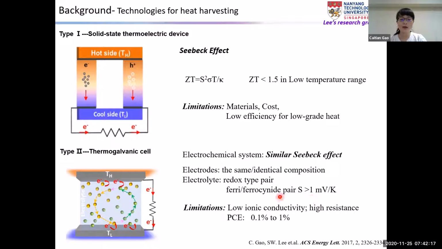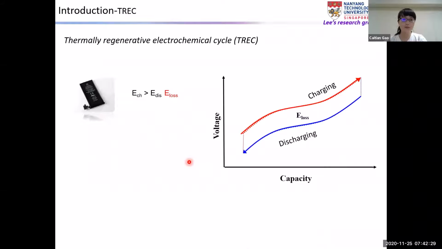But due to the large resistance and bad ionic conductivity in the electrochemical system, the power conversion efficiency is still lower than 1%. So today I want to introduce a new technology, the thermally regenerative electrochemical cycle, TREC.